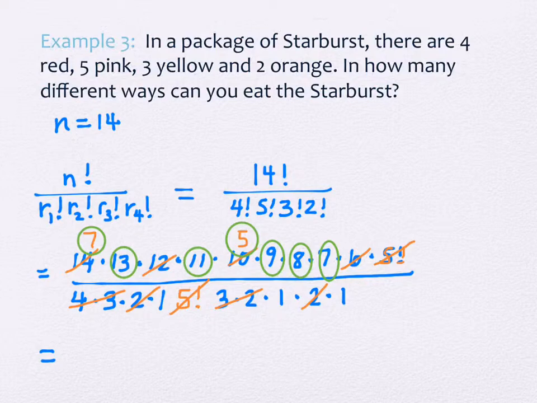Yes, Lauren? I just don't understand where the numbers came from after the 5 factorial. Okay, let me see if I can highlight that for you. After the 5 factorial was a 3 factorial, right? And this piece right here is the 3 factorial written out.